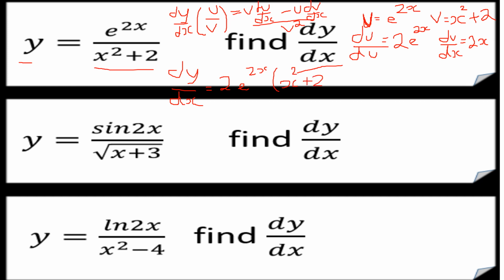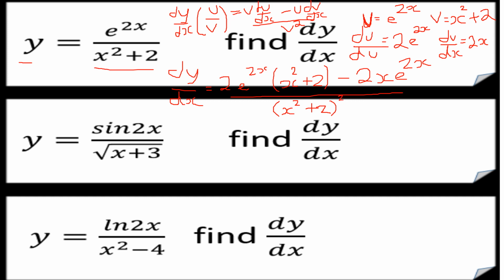Subtract u dv dx, so that times that: subtract 2x e to the 2x, all over v squared, so all divided by x squared plus 2 all squared.